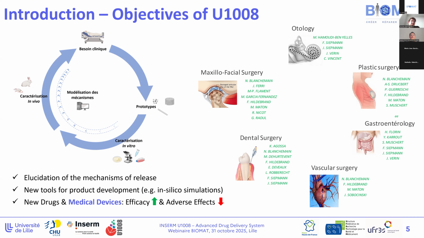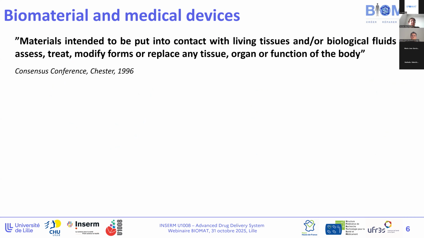We develop new tools for product development, and we develop new drugs and medical devices in order to increase the efficacy and limit the adverse effects thanks to local drug delivery. So I will focus the presentation of the lab on medical devices and show you all the characterizations that we can do in vitro and in vivo in each case.